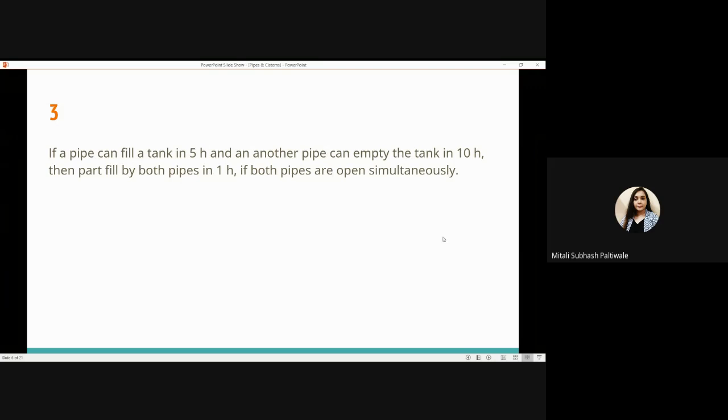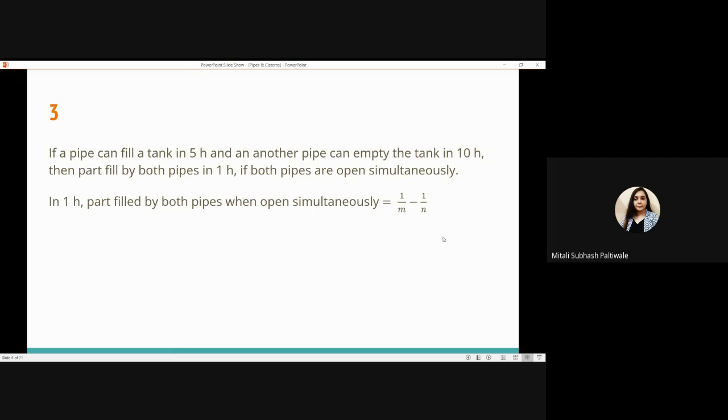So for that reason, we will be rectifying the formula. In 1 hour, the part filled by both pipes when open simultaneously would be 1 by m minus 1 by n, because another pipe is emptying the tank. That is why we have taken minus onto it.